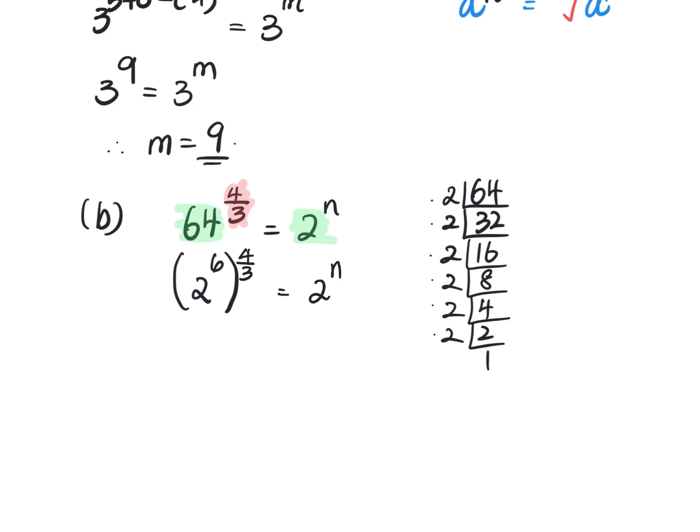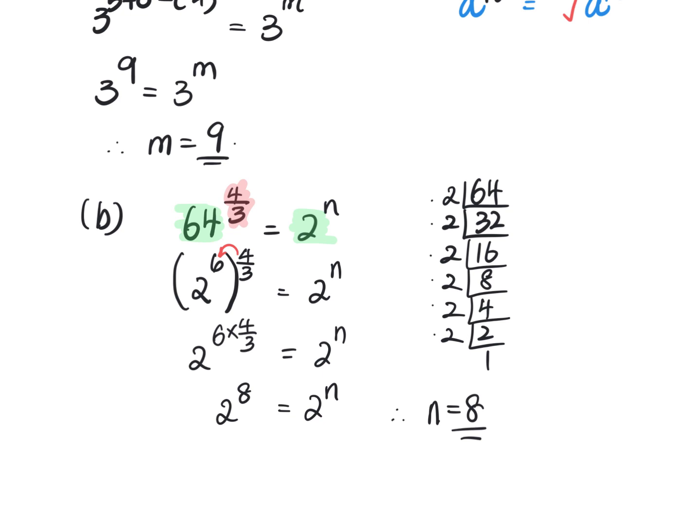Then we apply the rule: the power and the power multiply. So this becomes 6 times 4 over 3 to give you 2 to the power n, which leaves 6 times 4 over 3 as power 8. So therefore, n is equal to 8. Have you gotten your answer?